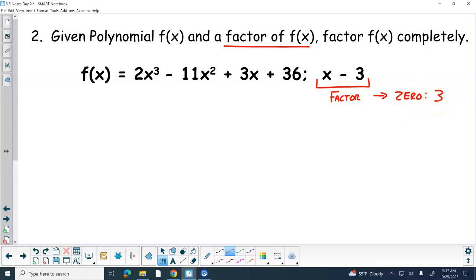Can I use synthetic division on this one? Yeah, because it's a special linear factor. So let's use synthetic division. It's faster. Coefficients are 2, negative 11, 3, and 36.